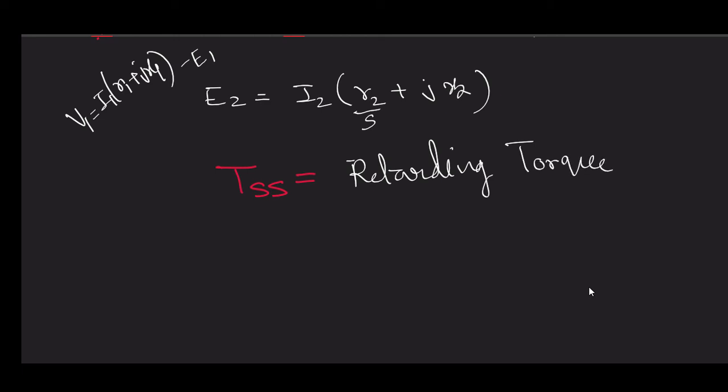Now once you put more load on the rotor shaft, that additional load, then what would happen? Due to this additional load, TSS will become less than the sum of these two. Now due to this, your motor will start a decelerating motion.